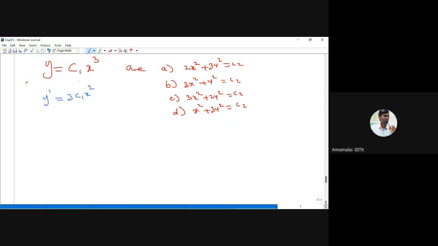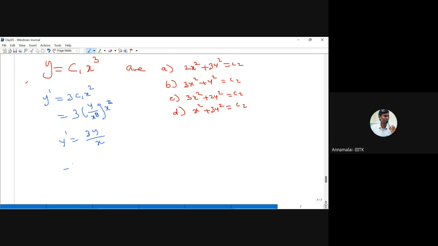So what is c1? c1 is y by x cube. Therefore, 3 times y by x cube into x square. We can cancel this x square, and we get 3y by x. This is y dash.